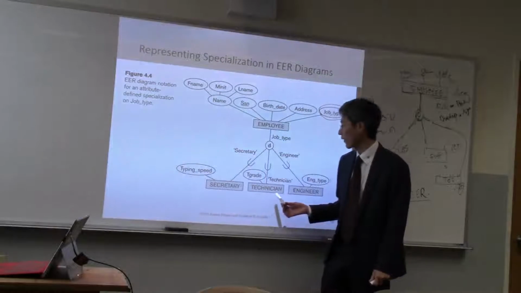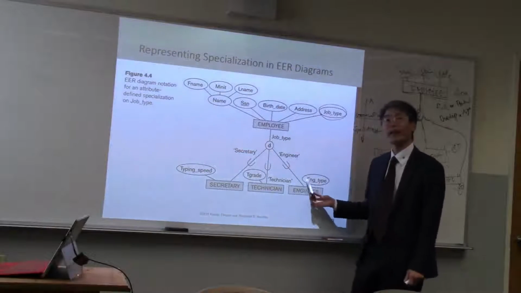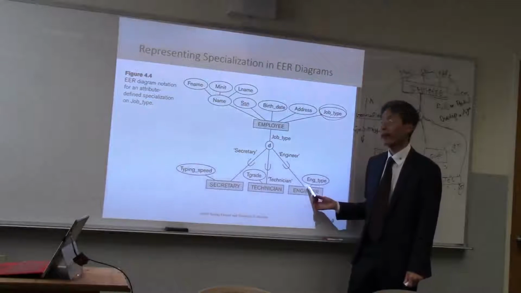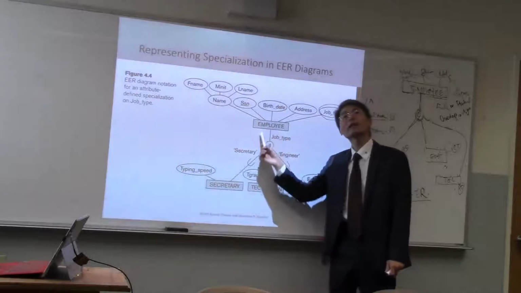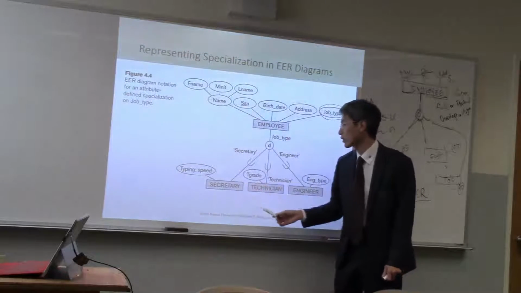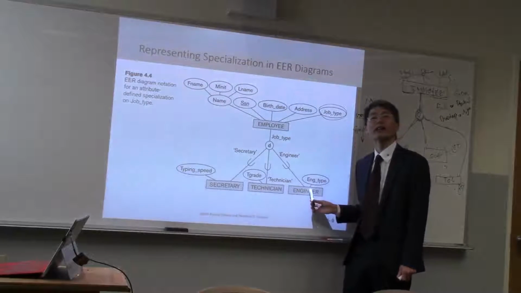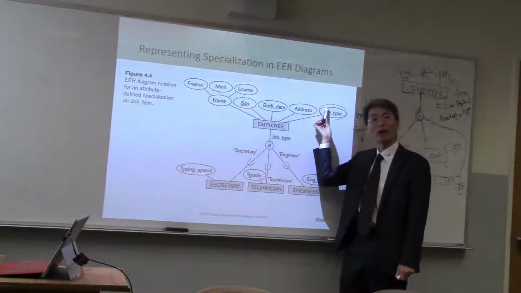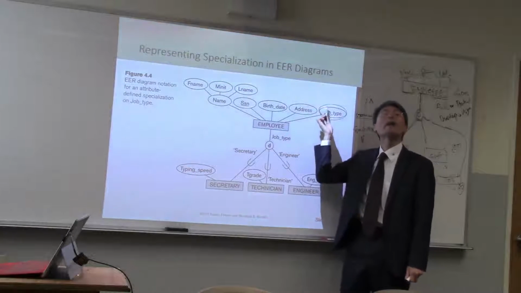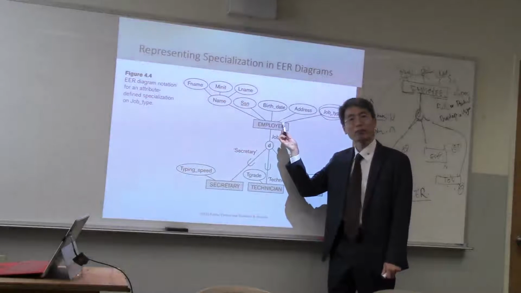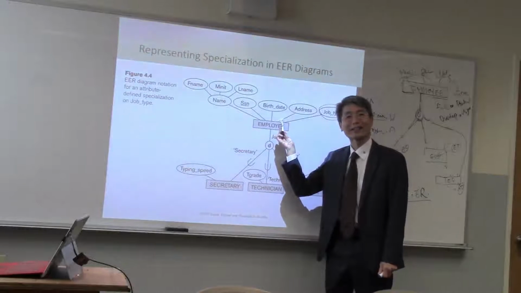So we found the secretary, technician, and engineer types. Then we generalize to the employee. From the employee, how can we recognize who is the secretary, who is the technician, who is the engineer, using the job type attribute? So intentionally, we add the job type attribute to the employee superclass. Okay.